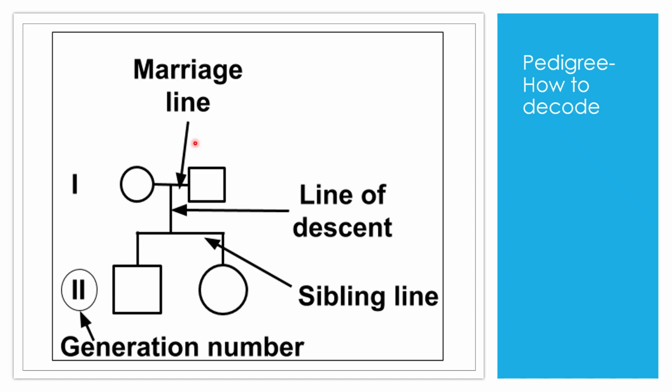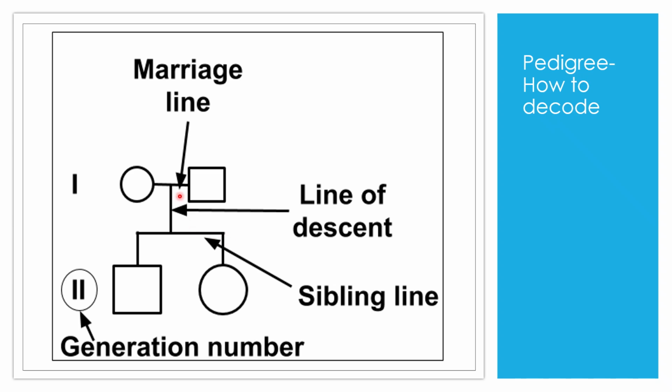This can be in unmarried people with kids. It could be, if you're doing a really complex pedigree, maybe a plant or an animal. We also have the line of descent that is going straight down, and it shows that there were some offspring. Then we have the sibling line.